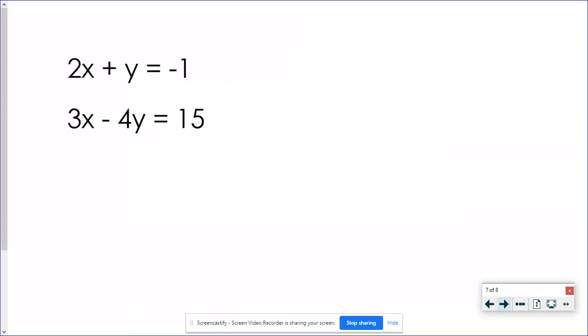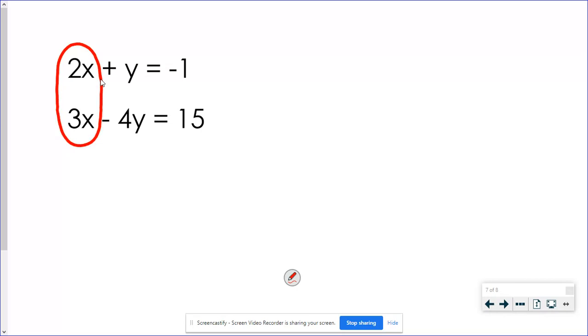One last problem. This time I have an issue because I can't just multiply it by just a -1. If I look at my x's, I can't multiply by a whole number anyway and get those to be opposites.